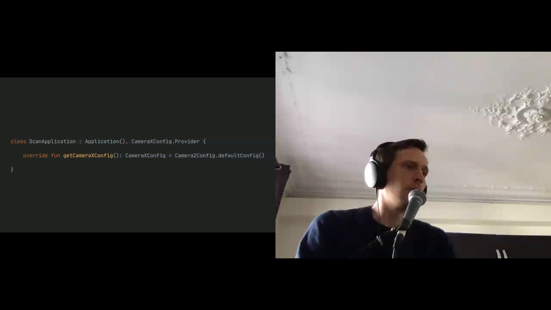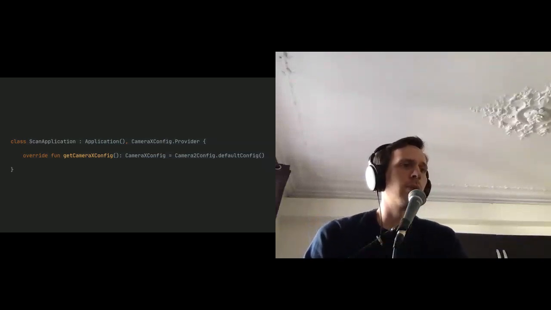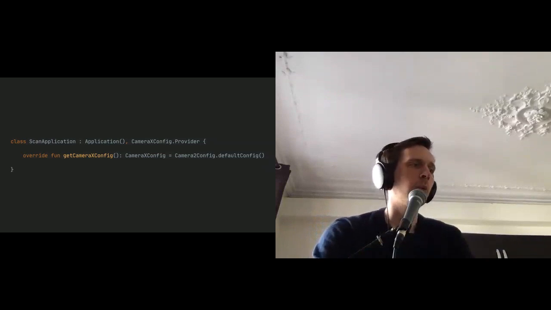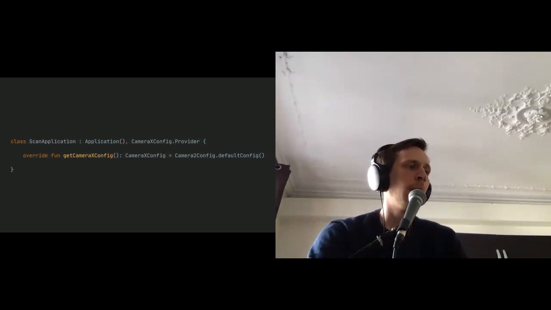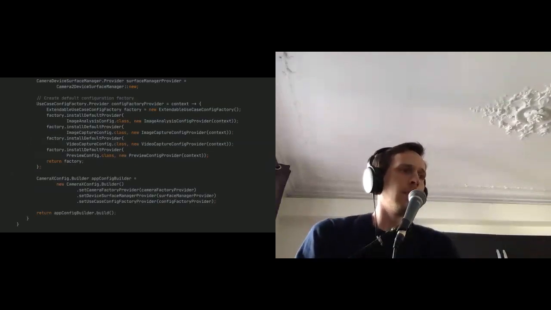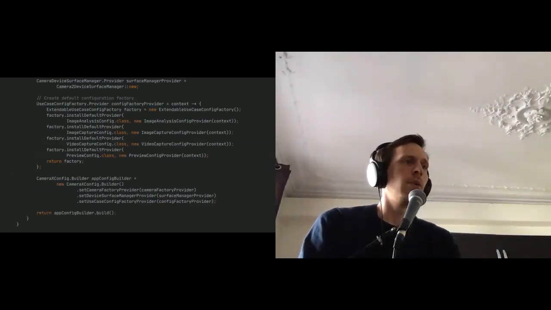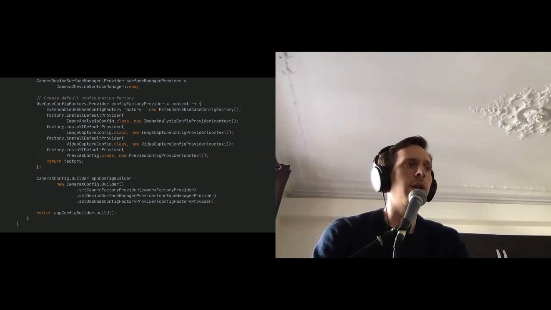And basically, when you're setting up Camera X, you have to create a Camera X config first. And what is funny is that at the end, it's setting everything up as default use cases. So in our case, it's image analysis, image capture. So it's setting everything up for us.